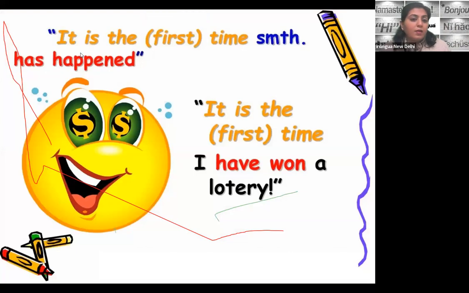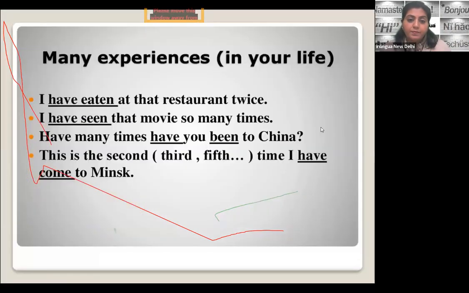Now, it is the first time something happened. For example, I have won a lottery, first time. Now, when you move on from single experiences, the next kind of experiences are many experiences or multiple experiences. It can be the same experience again and again, or it can be different experiences.